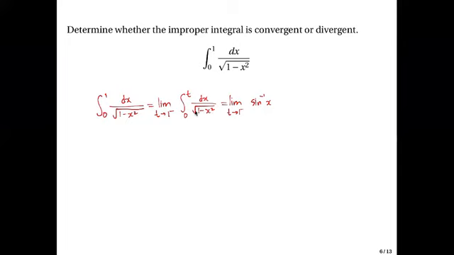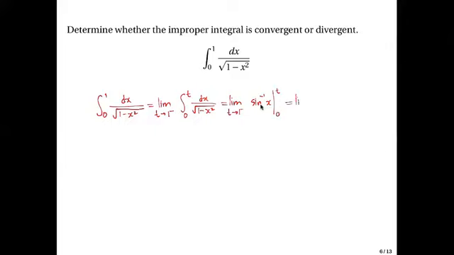Then the denominator becomes cosine theta, so you can cancel the cosine in the numerator and denominator. You will just get the integral of d theta, which gives you sine inverse. And here we evaluate from 0 to t.